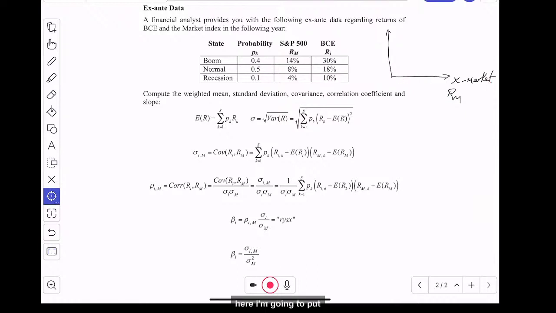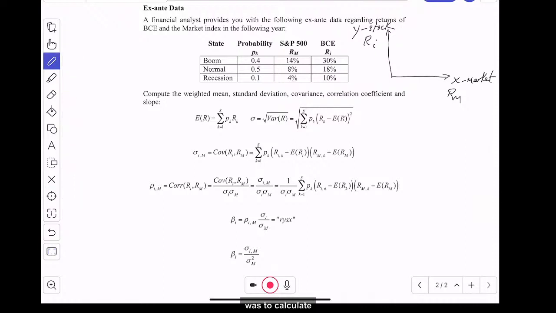And then here Y will be for the variable, the stock return or the company. And we use a notation I for that. So I for the stock is on Y, and M for the market is always on X. That's important for the notation, to feel comfortable with the notation.